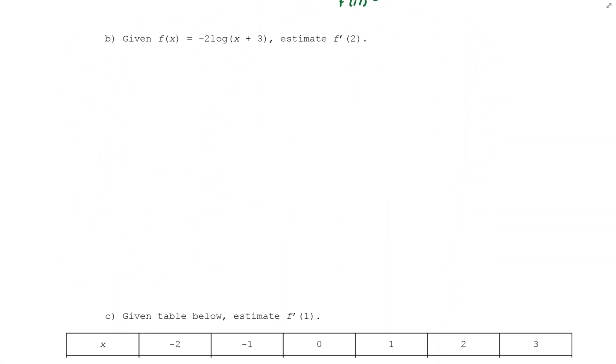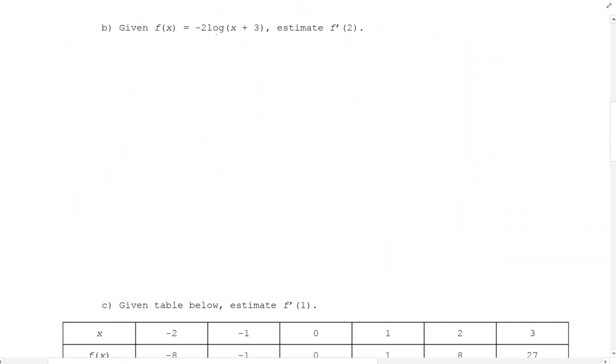Okay, so in this example, we notice that this is not a nice polynomial function, like the ones we've done in the past. So if I want to find the limit of f at x, and this time it's saying estimate f prime at 2, instead of finding f prime at x, we're going to find that maybe that's not working out so well for us.